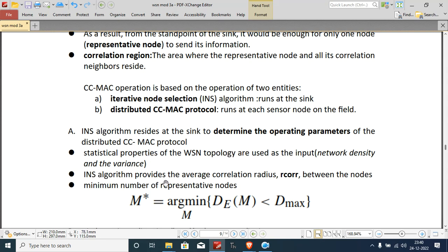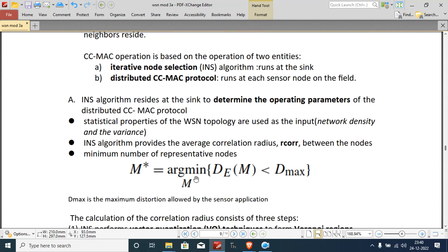The INS algorithm provides the average correlation radius, R correlation, between the nodes. The minimum number of representative nodes is given by this expression.